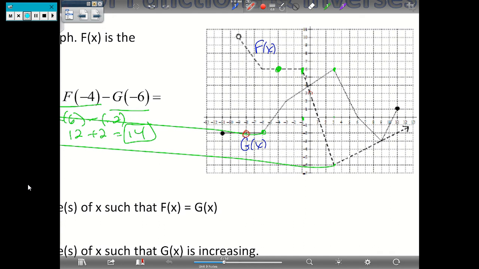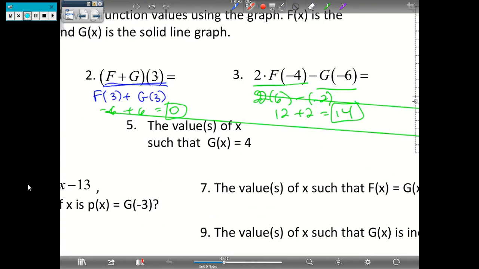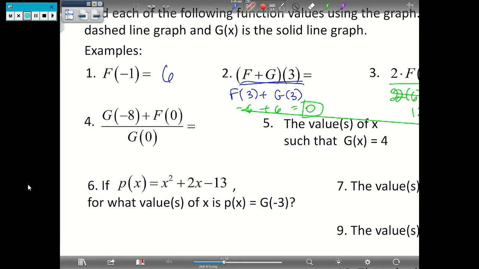Here's f of 0. And then we want to divide that by g of 0, which would be this one. So that gives us basically -2 plus 3 over 4, which is 1/4. All right, we okay so far?